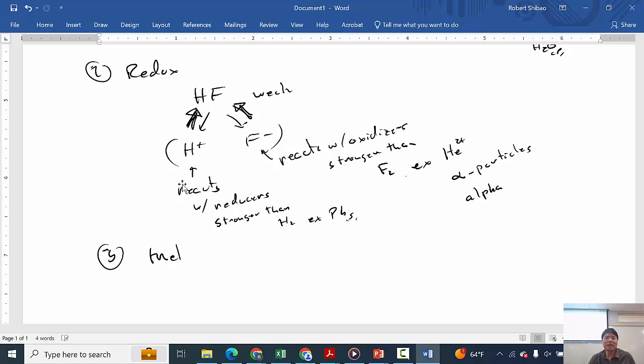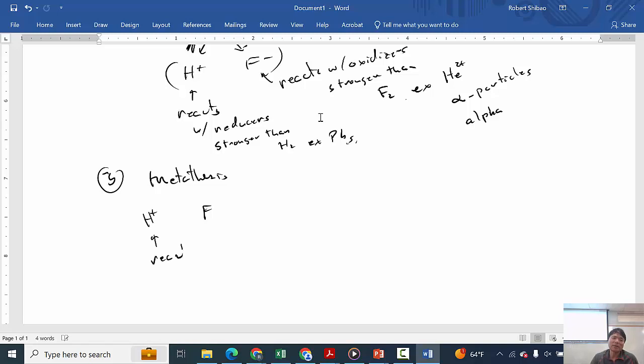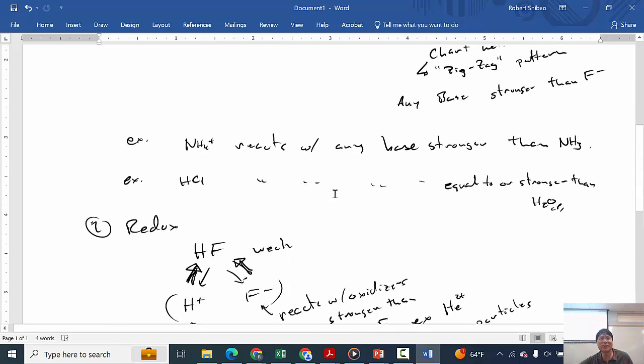Finally, we look at metathesis. And for metathesis, we have H+. This reacts with bases, as in number 2. And then we have fluoride. Actually, I forgot to do fluoride in the bases part, did I?